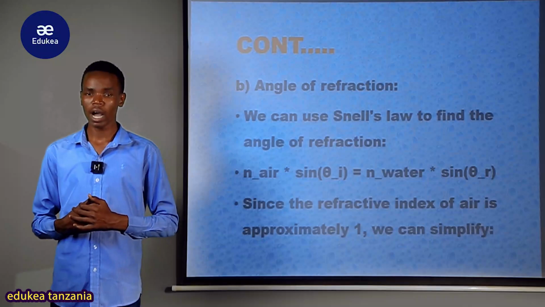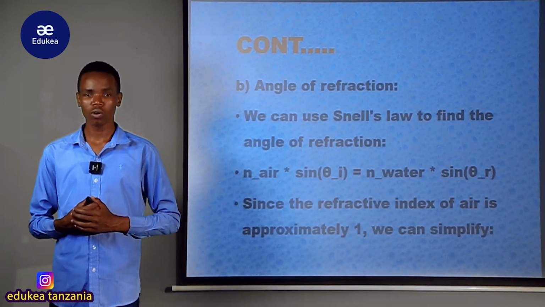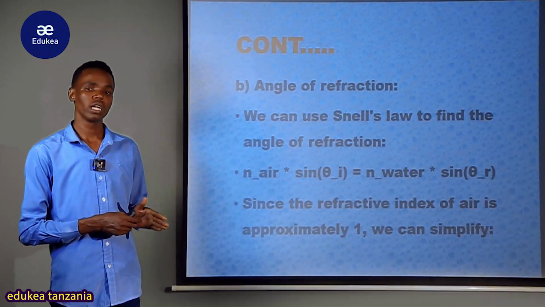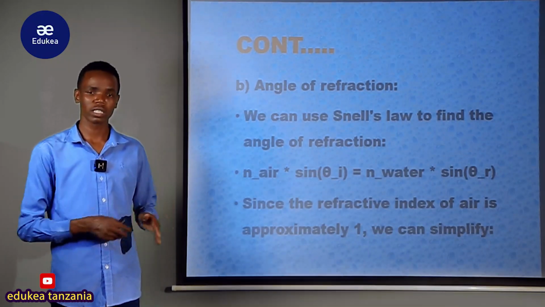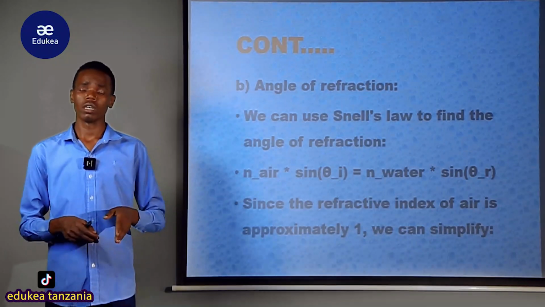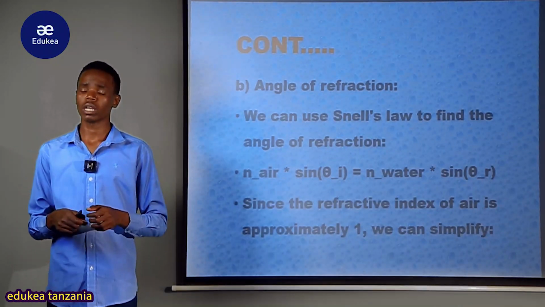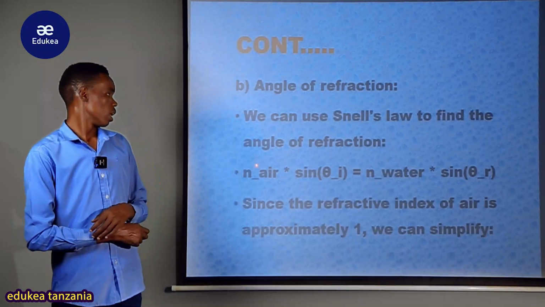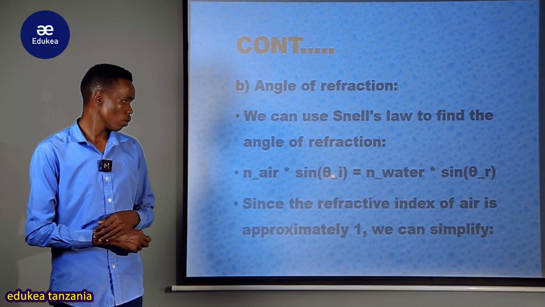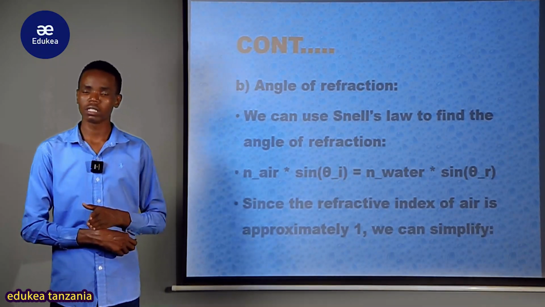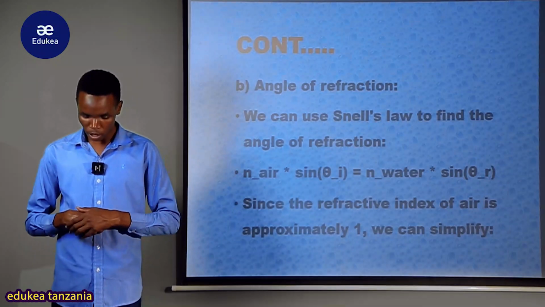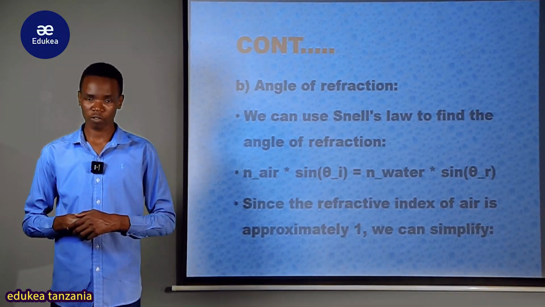Snell's law gives us the relationship between the two refractive indices and the angles, that is the angle of incidence and the angle of refraction: the refractive index of air times the sine of the angle of incidence equals the refractive index of water times the sine of the angle of refraction.